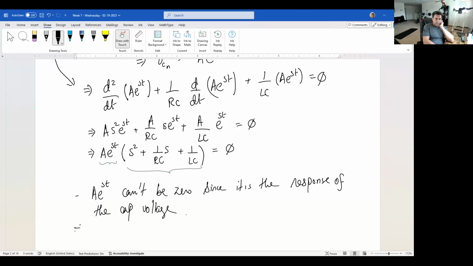Which means that s squared plus 1 over RC times s plus 1 over LC must be 0 in order for that equation to be 0.